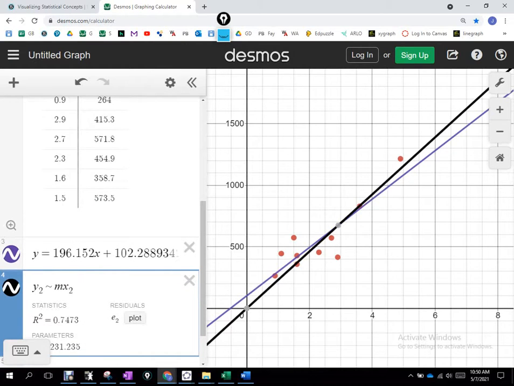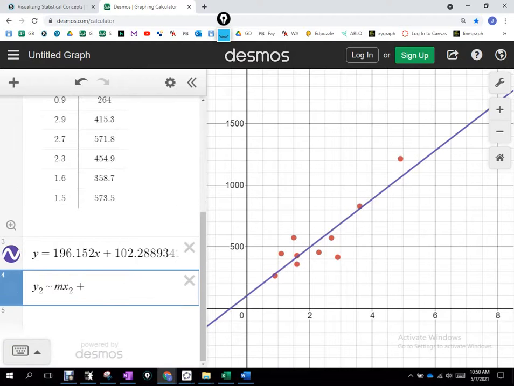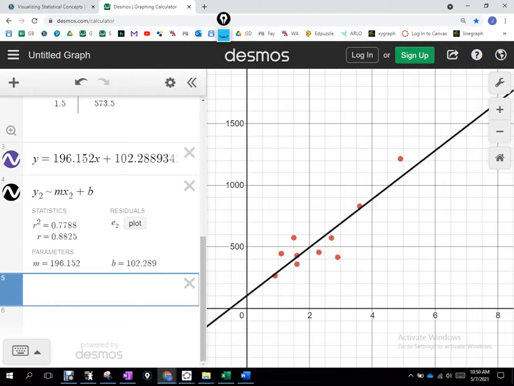And I'm going to add to it then B. And what it does is it creates those statistics for me. Does it give me my M that we came up with by hand? And does it give me my Y-intercept that we came up with by hand? Does that kind of make sense? Also, what is this here? That's your R. That's your correlation coefficient.